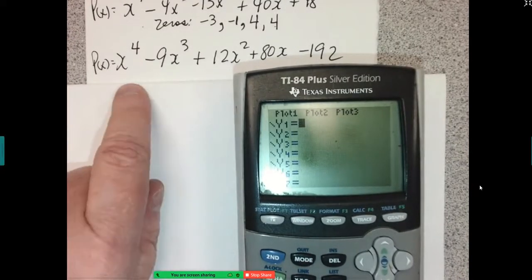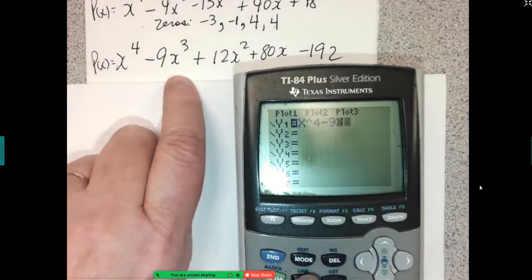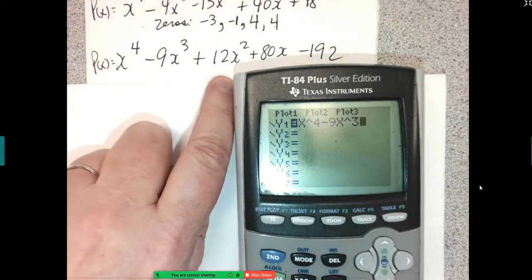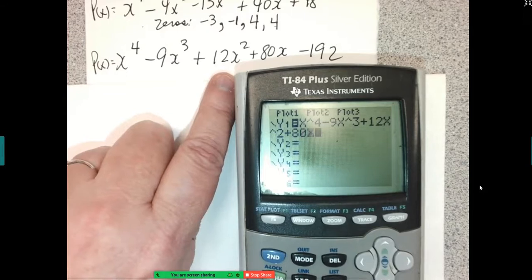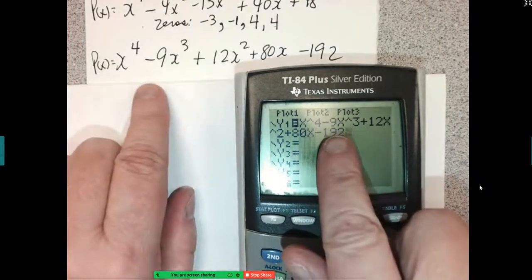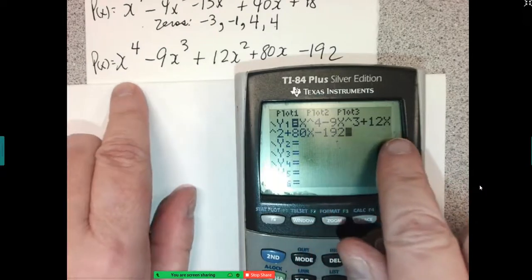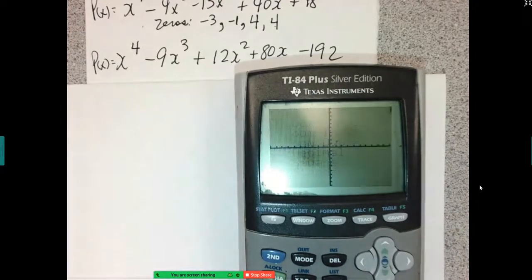Okay, so I'm going to put this in my calculator. So plus 12x squared plus 80x minus 192. All right, just make sure I put it in correctly. Okay, then I'll do a zoom 6.